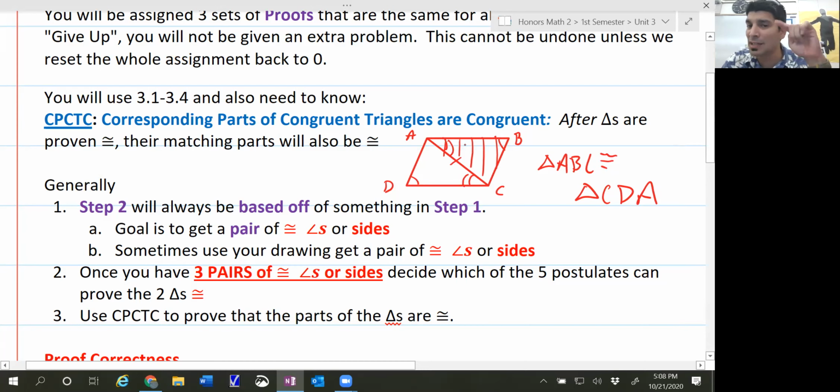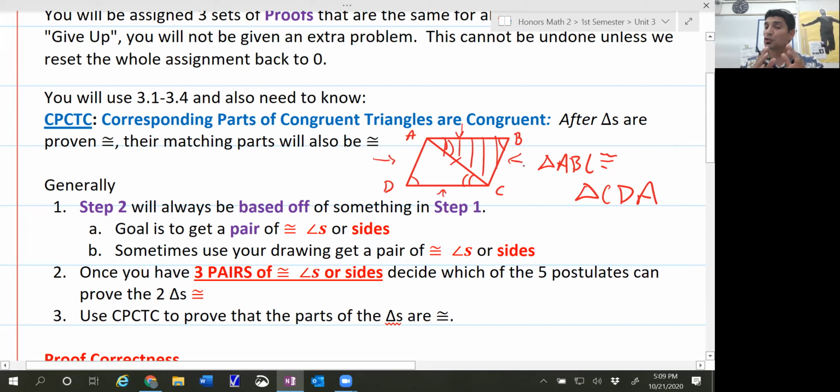Even though I did angle, side, I can now say that DC is the same as AB because of CPCTC. Their parts are also congruent. CD is the same as AB. This part is the same as that part. Or this part is the same as that part.